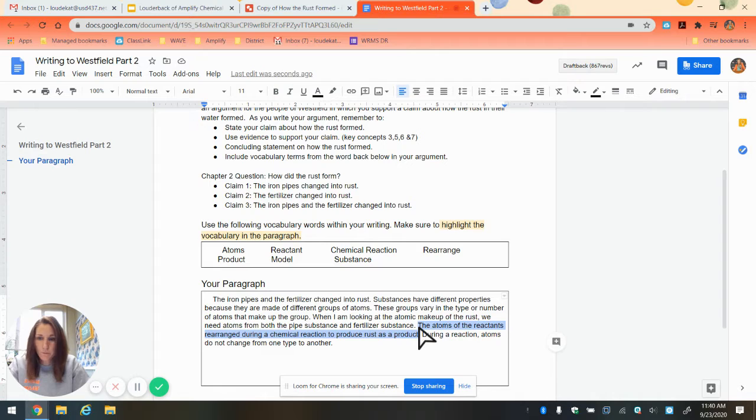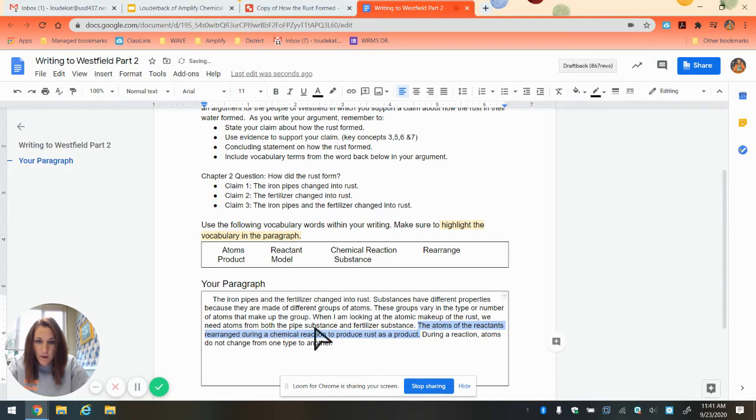So this is why it's always important to reread your work and to think critically about the information I've done. So I can actually just move that sentence to the end, and that covers my concluding statement and a little bit of my evidence. If you don't want to do it and you want to keep it that way, I can review here, and I can keep things simple. Sometimes it's good to keep things simple.